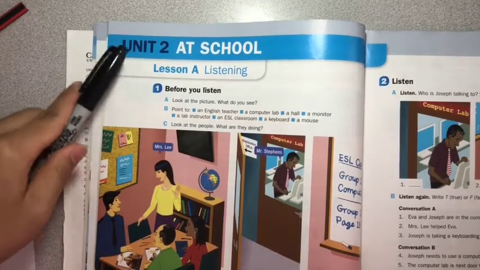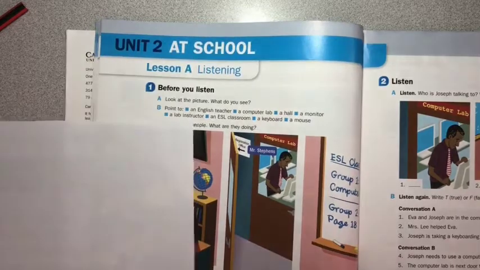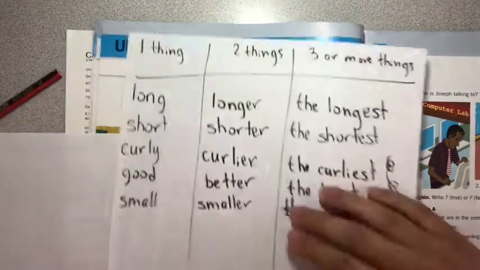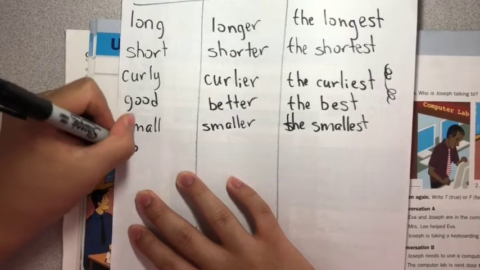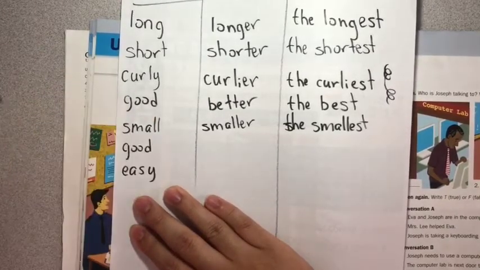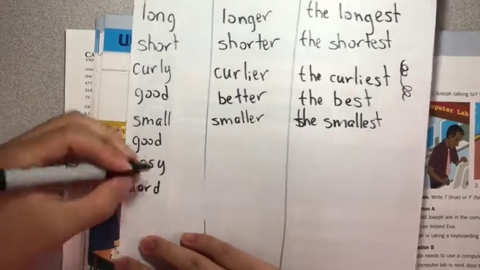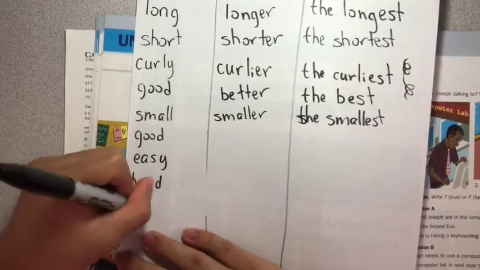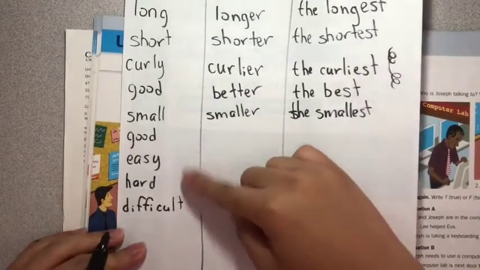Okay, now we're talking about Unit 2. So we're going to review Unit 2. In Unit 2, I want to talk about the words good, easy, hard, and another word for hard is difficult. Hard and difficult are the same.